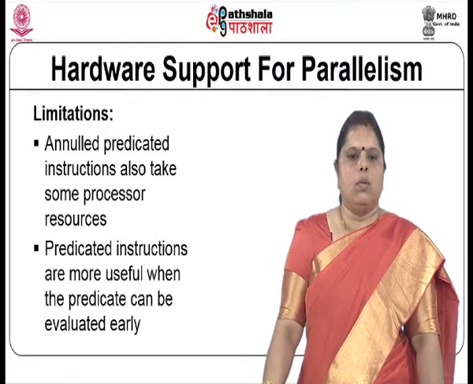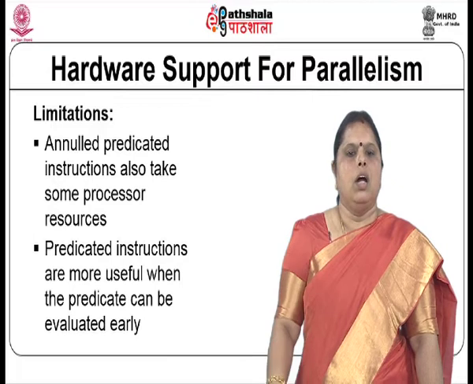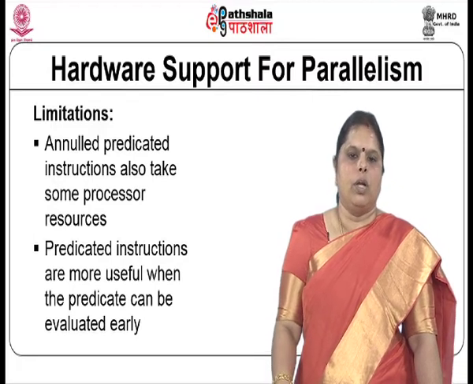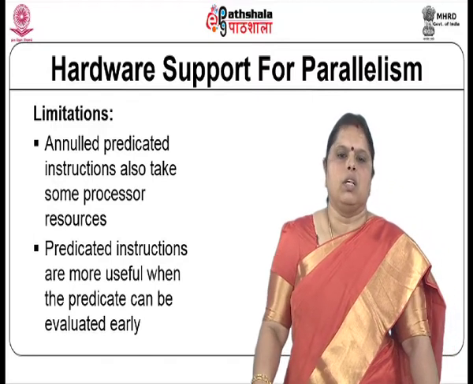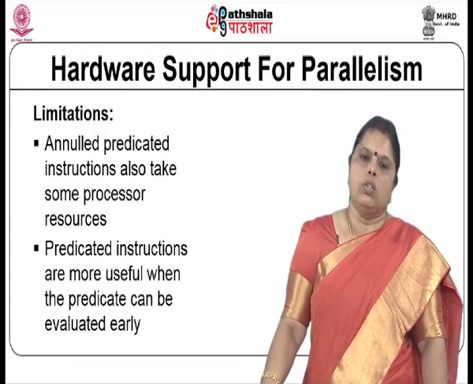Predicated instructions are more useful when the predicate can be evaluated early, because if you have a complicated predicate and if it takes a long time to evaluate, it is dependent on some other instruction. Unless the condition gets evaluated, you do not know whether the instruction has to be executed or not, and the resources that you spend on it is going to be too much.